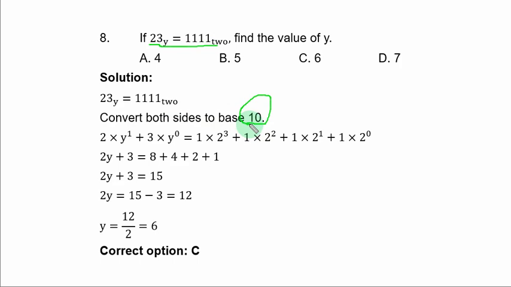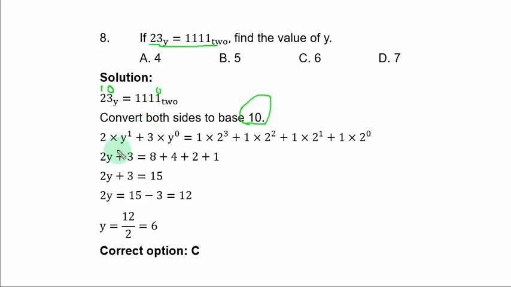To do that, you multiply each digit on both sides by the respective base and attach the position of each digit to the base, starting with 0. So the position of 3 is 0, position of 2 is 1. Therefore you have 0, 1, 2, 3.